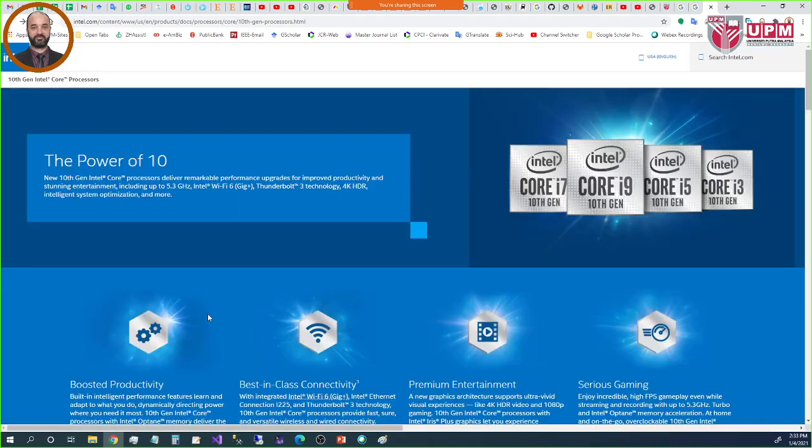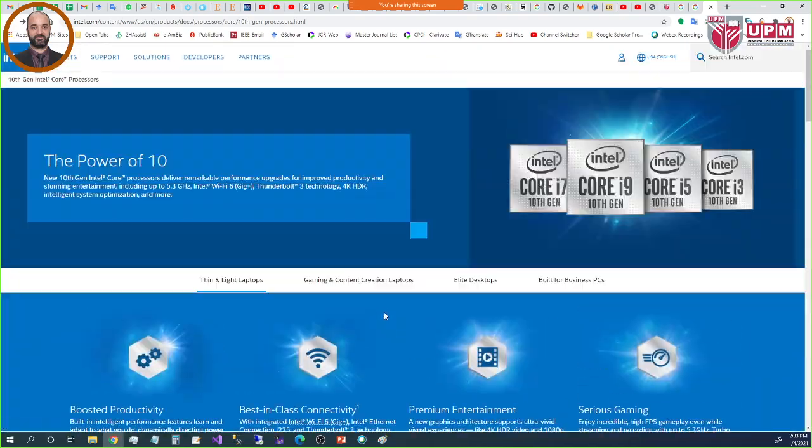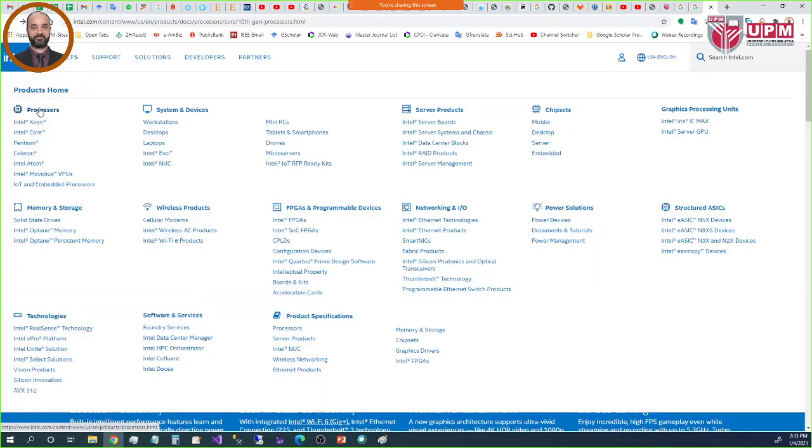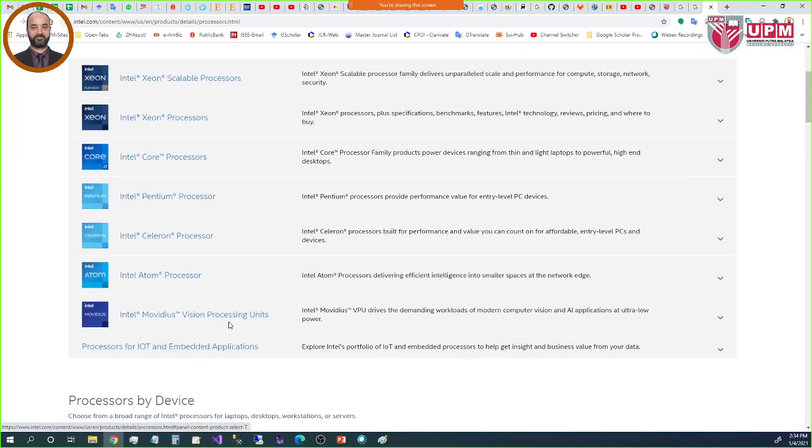As we can see here, we have many families of processors. Xeon Scalable, Xeon processor, Core processors, Pentium processors, Celeron, Atom, Movidius, Vision, and also processors for IoT. So you see 1, 2, 3, 4, 5, 6, 7, 8 families.